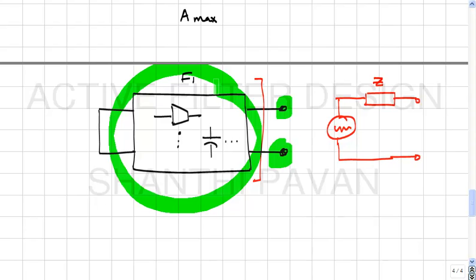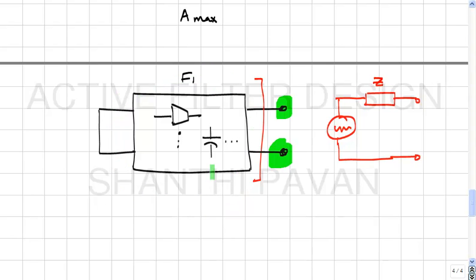So here I have chosen the Thevenin equivalent. It goes without saying that this so-called noise source has got to be a function of the topology of the network inside and the strengths of various noise sources inside the network, correct?